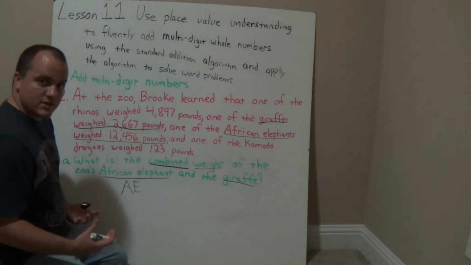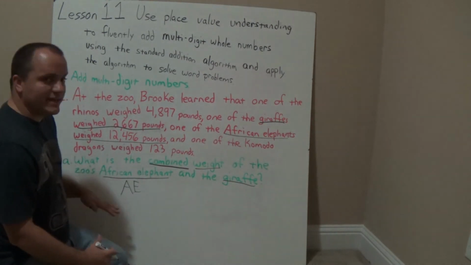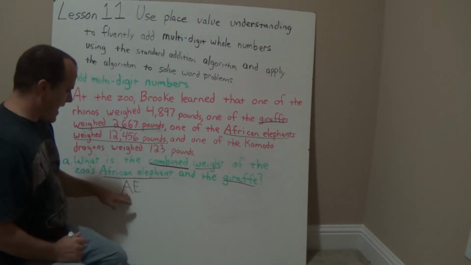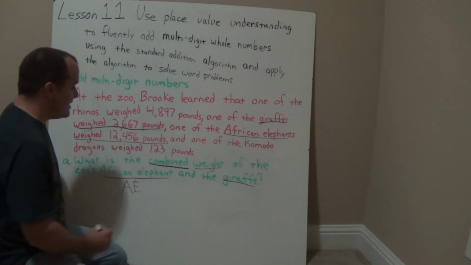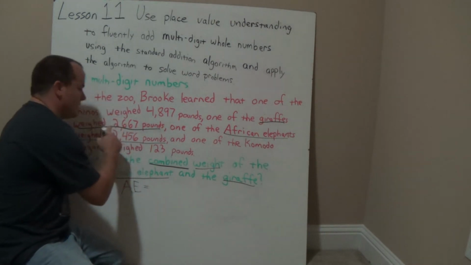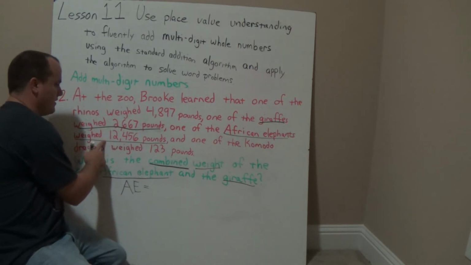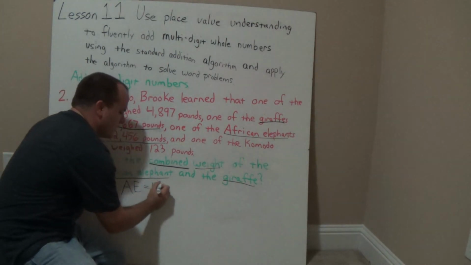Sometimes I might have enough space to write all that information down, African elephant, but I don't have a whole lot of space right here, so I'm just going to abbreviate AE. As long as I remember what that stands for, African elephant, and it makes sense, I can do that. So that weight is, bam, right there. African elephant weighed 12,456 pounds.